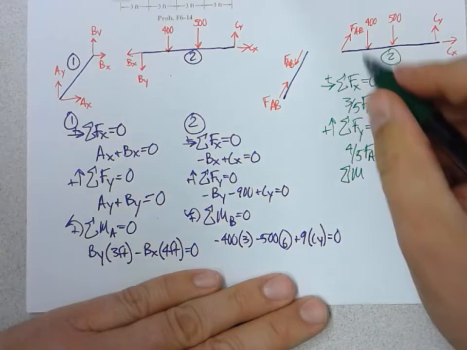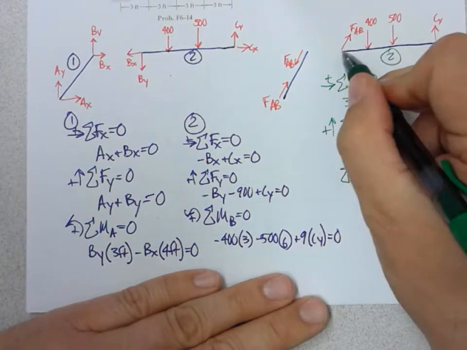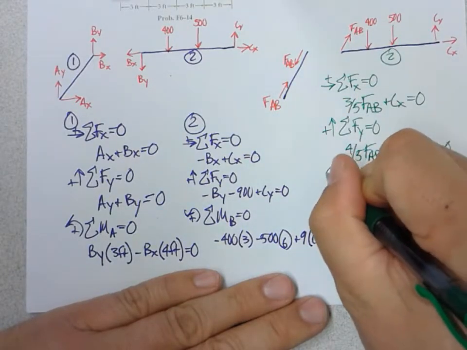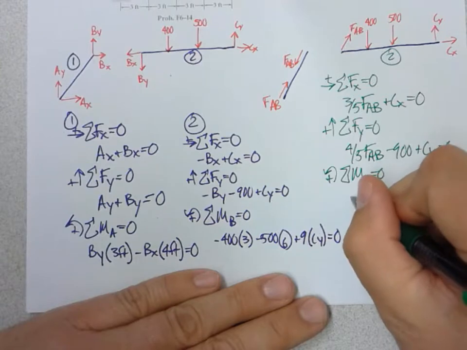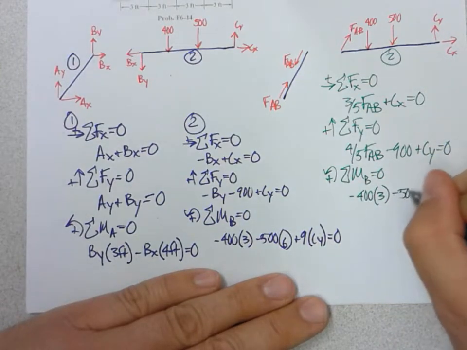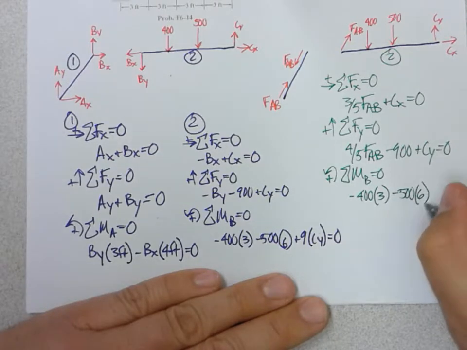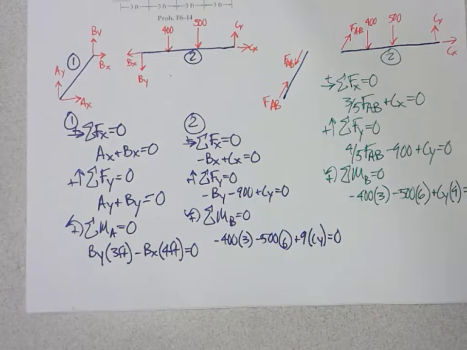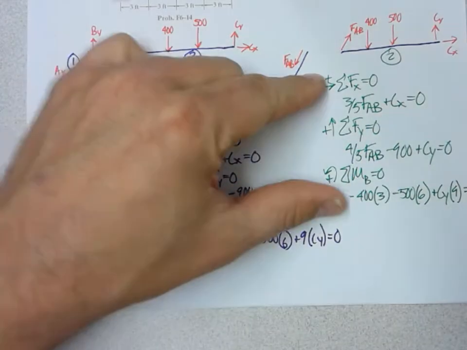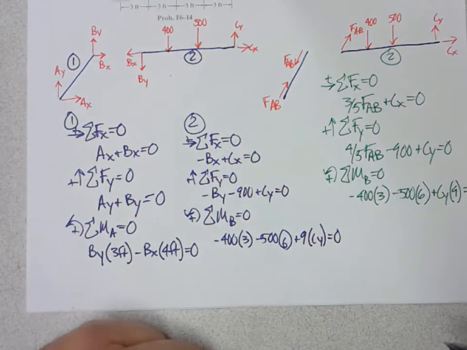And I'm going to sum the moments about a point, and I'm going to choose to sum them about B because that eliminates this funky angle business. And so now I'll have minus 400 times 3 minus 500 times 6 plus CY times 9 equals 0. Okay, so there's 1, 2, 3 unknowns and 3 equations. So I could also solve that set of equations to solve this problem. Okay?